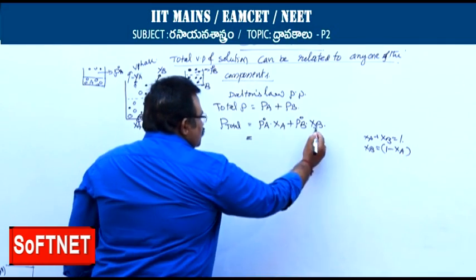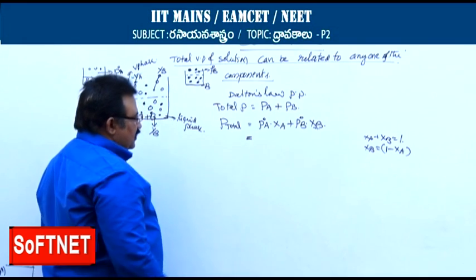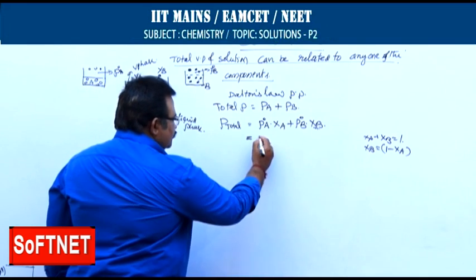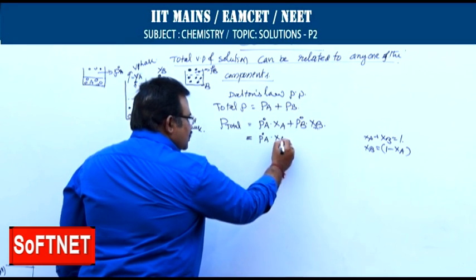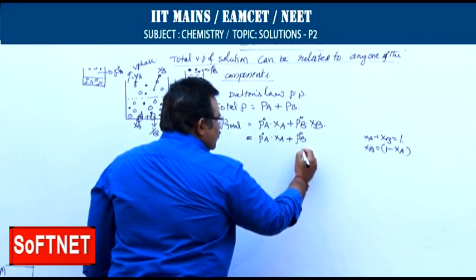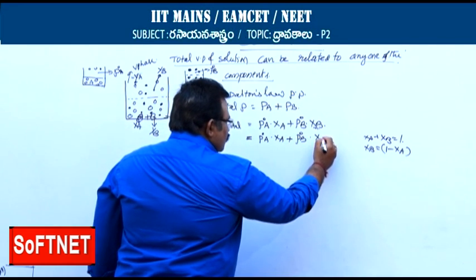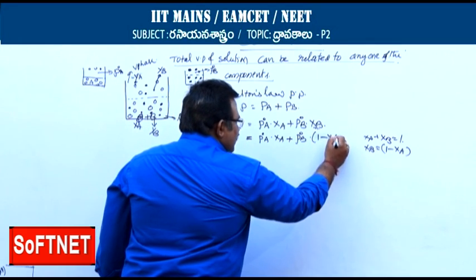So, substitute 1 minus XA instead of XB. Now, P0 A into XA plus P0 B into 1 minus XA.